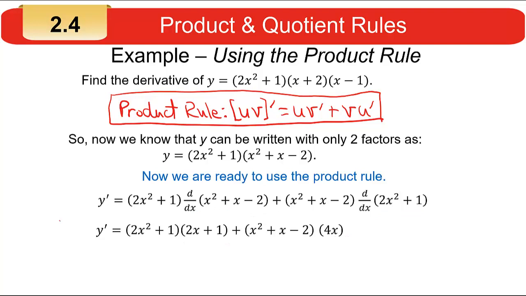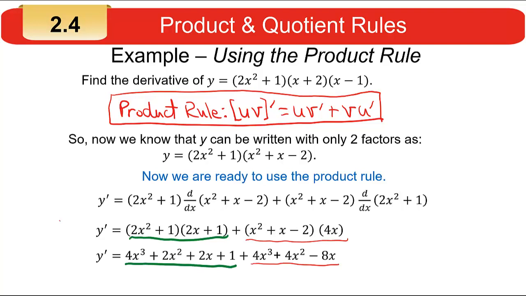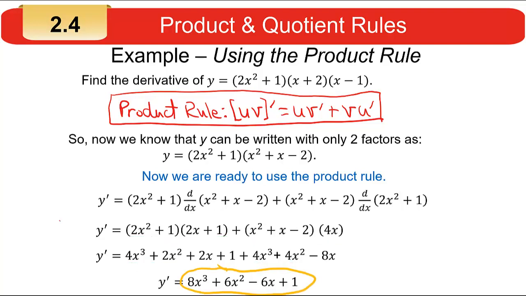It might be that you can type your answer in just like that and WebAssign will accept it, but you've got to decide if you want to do it that way or simplify it more, because if you don't simplify it, there's much more chance that you'll make a typo as you're typing it in. I'm going to go ahead and simplify it. If you multiply the first 2 factors together and FOIL it out, and you multiply the second set of products by multiplying through by 4x, and collect like terms, you'll get that the derivative is 8x cubed plus 6x squared minus 6 plus 1.